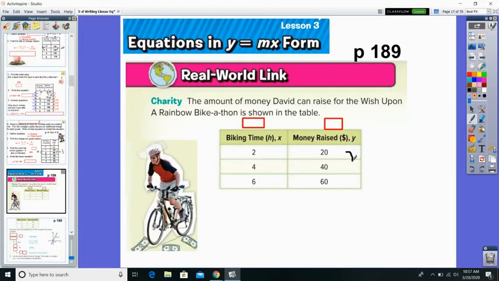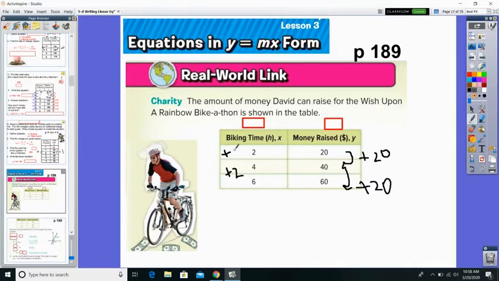If you see here, this is a direct variation example because the money raised and the biking time are each changing by the same amount. So I have plus 20, and again, I have plus 20. On the other side, I know that my change each time is plus 2 and plus 2.